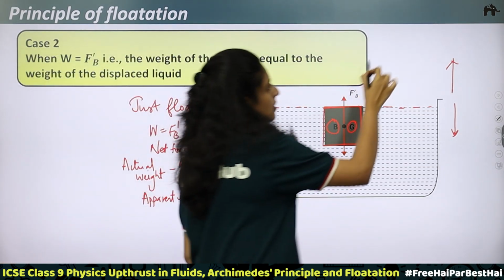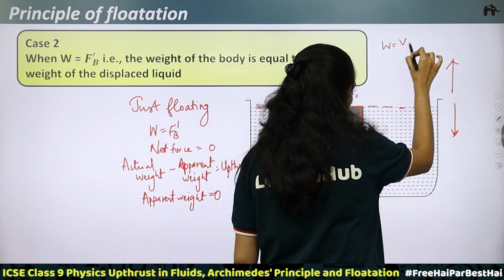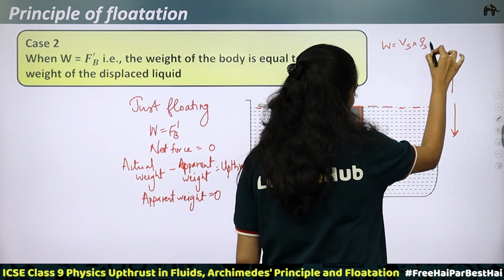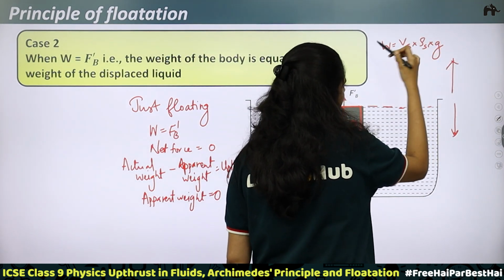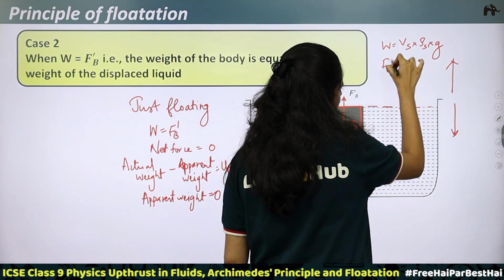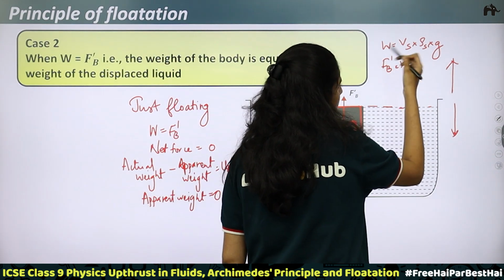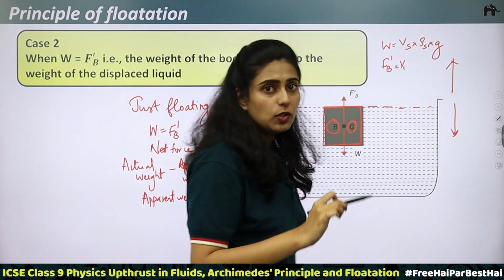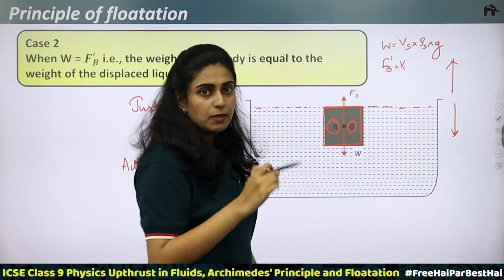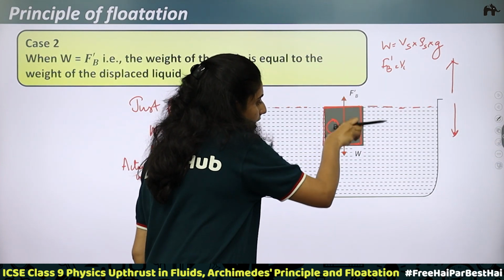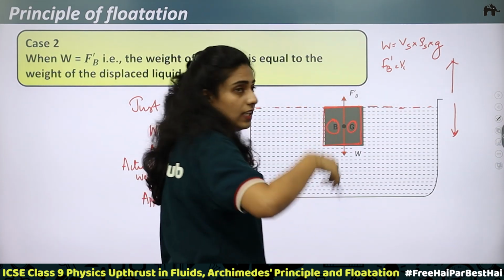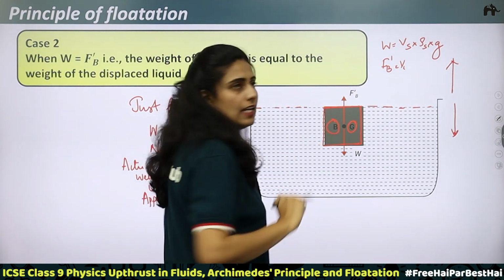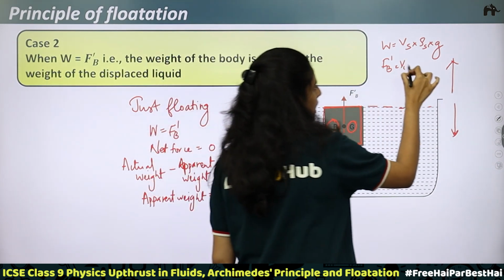Weight is equal to volume of solid into density of the solid into acceleration due to gravity, and upthrust is equal to the volume of liquid that is displaced into density of liquid into acceleration due to gravity. Here the volume of liquid displaced will be equal to the volume of the solid, because the body is entirely immersed and completely submerged inside the liquid.